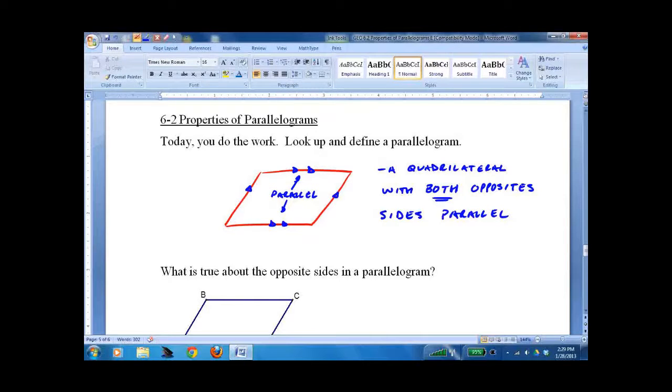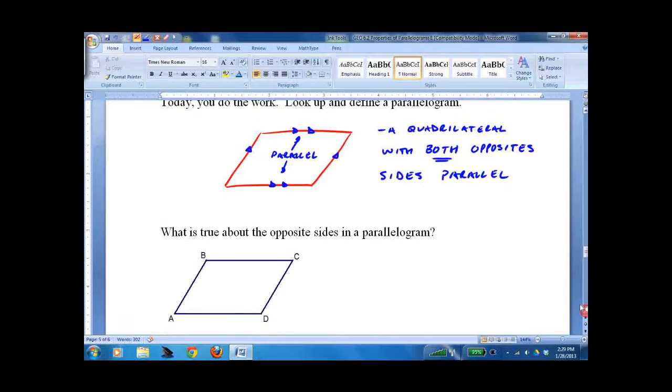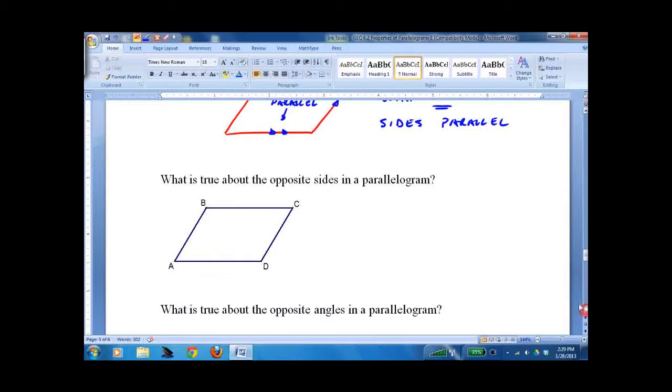So that's a parallelogram. Now, I have people look it up, but if you look at a parallelogram, you draw a diagonal in there. By alternate interior angles, you have this. By reflexive, you have that. And then since the other sides are parallel, you have this.